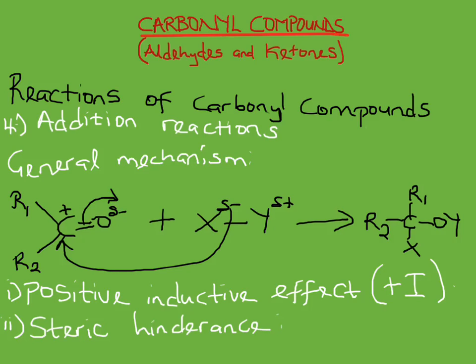If the substituents on the carbonyl carbon atom are large, then they tend to show low nucleophilic attack. That is, they tend to slow down the nucleophilic attack on the carbonyl group. This slow rate is due to the steric hindrance of the groups attached to the carbonyl carbon atom.